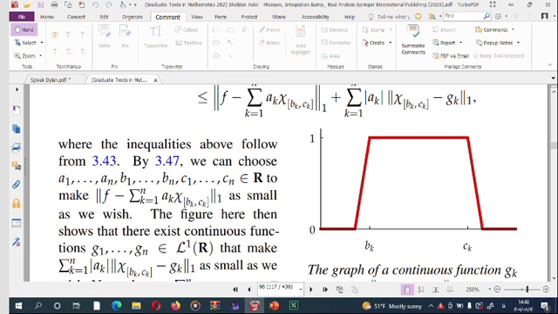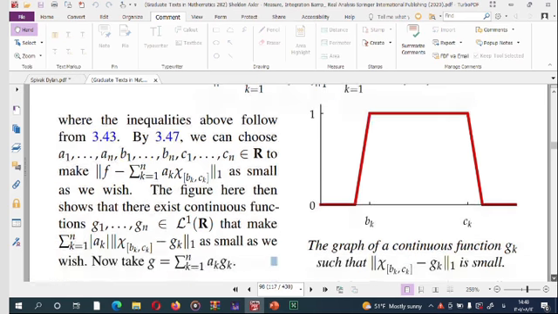The figure here, this figure shows that there exist continuous functions g1, g2, gn in L1 such that this summation is as small as we wish.